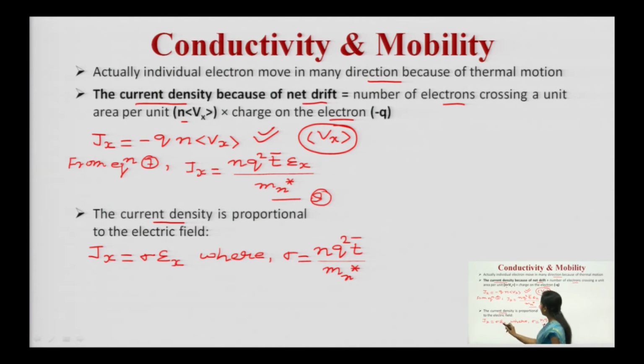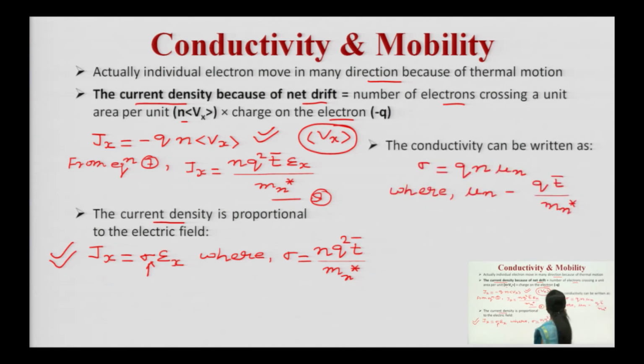If you compare this equation with equation number 8, now you will be able to find out the term for this case. It is n q square τ bar upon Mn. So, this is how you have calculated it with the help of this equation. You have just compared both the terms and accordingly written it over here.